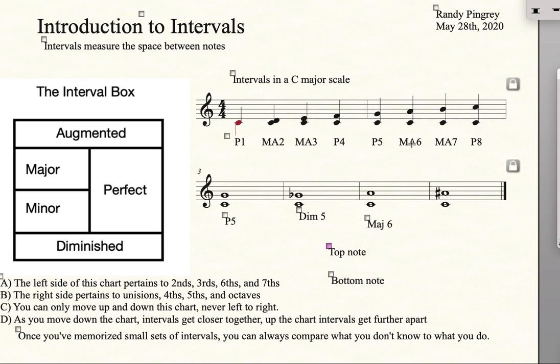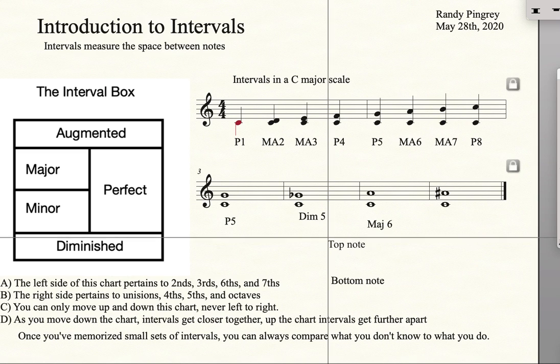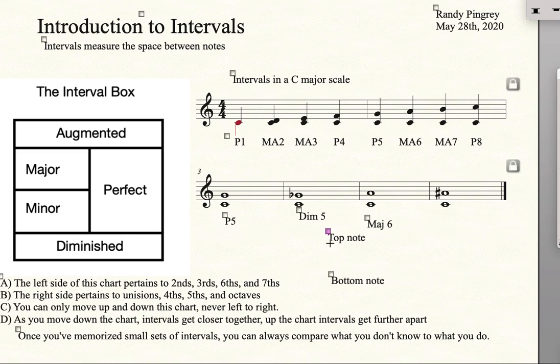I just know it's a major sixth because I've memorized the intervals in a C major scale. So C to A is a major sixth. C to A sharp is a half step further apart. So that means instead of being a major sixth, C to A sharp is an augmented sixth.